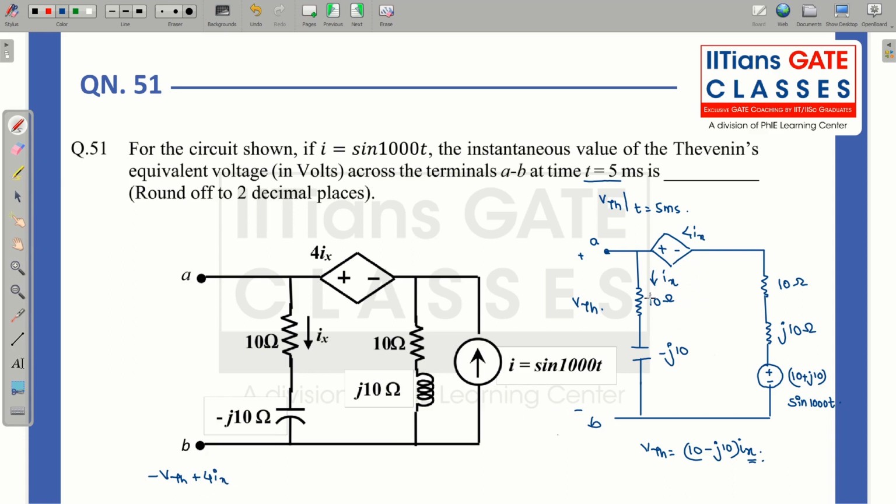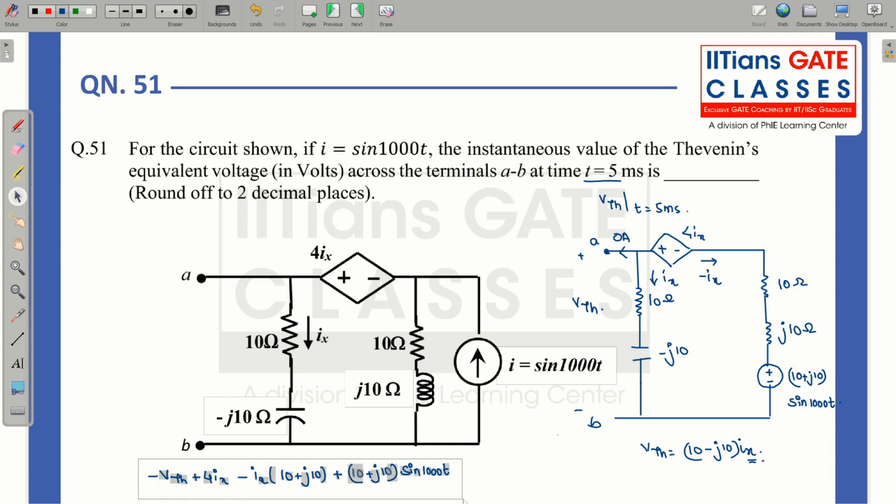If Ix current is flowing from here, then from here also minus Ix current is flowing. So this will be minus Ix into (10 plus j10), plus 10 plus j10 sine 1000t.